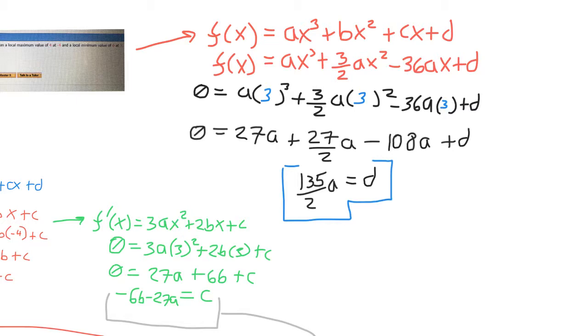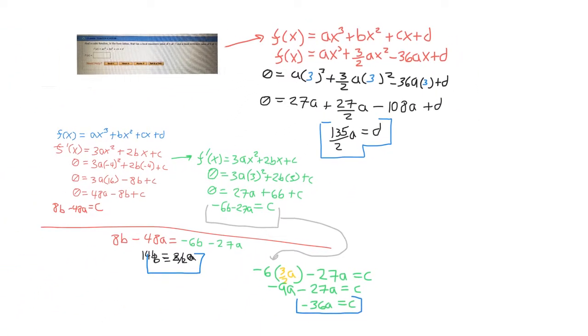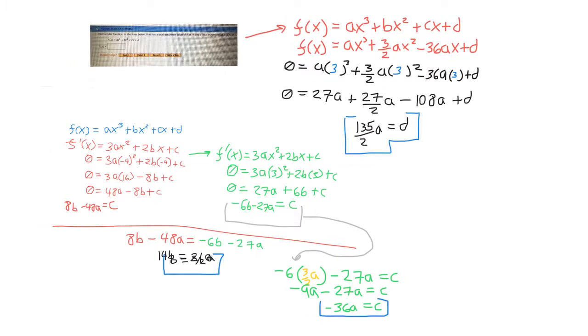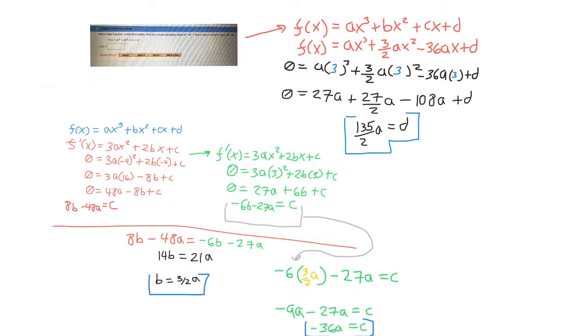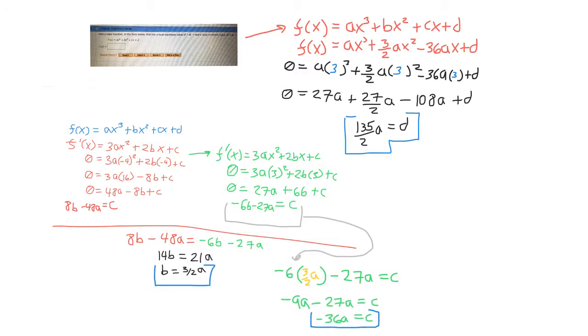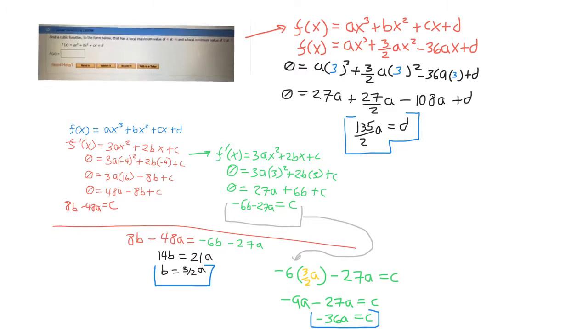So what we have on our hands, just in general, is the following facts. We know for sure that B equals 3 halves A, C equals negative 36A, and D equals 135 over 2A. Okay. So again, for my student at home, I'm really hoping I'm not making any careless mistakes.